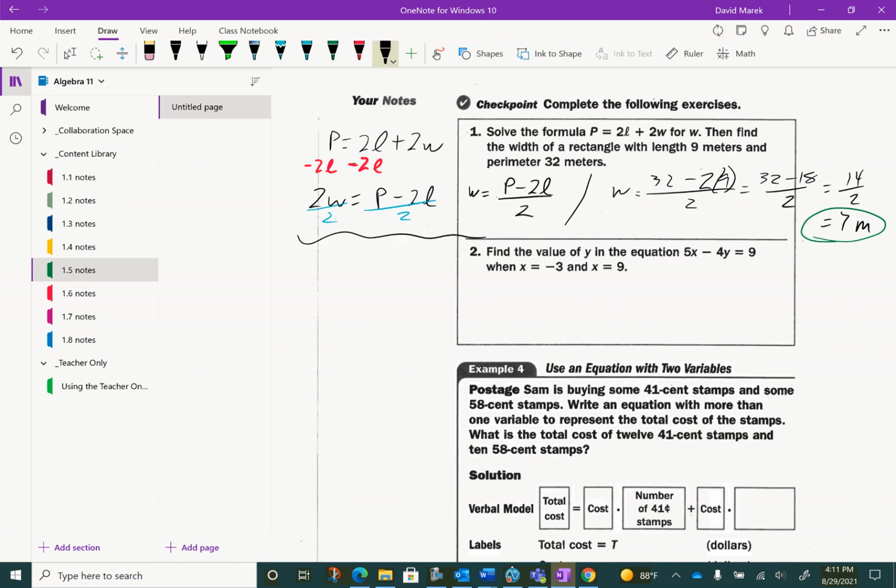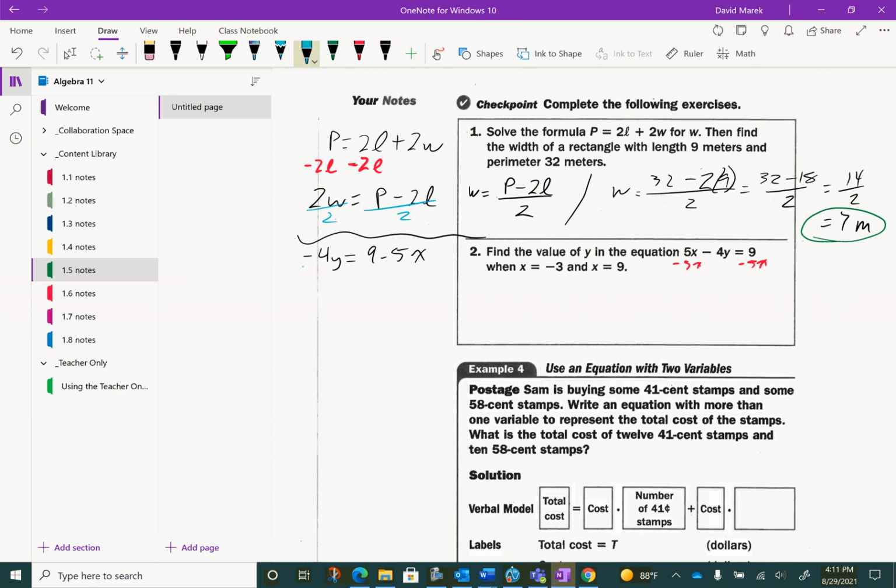For number 2, find the value of y in the equation 5x minus 4y is equal to 9 when x is negative 3 and x is 9. So again, let's do method 2 here. The first thing I'm going to do is subtract 5x from both sides of the equation. So negative 4y is equal to 9 minus 5x.